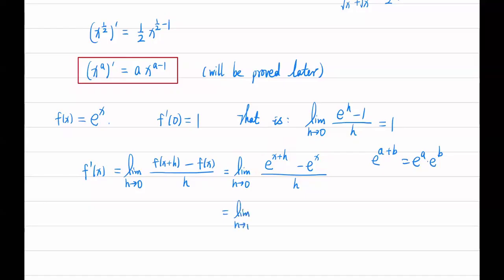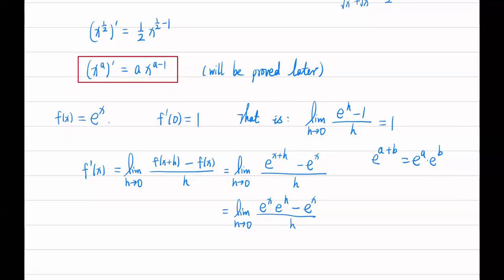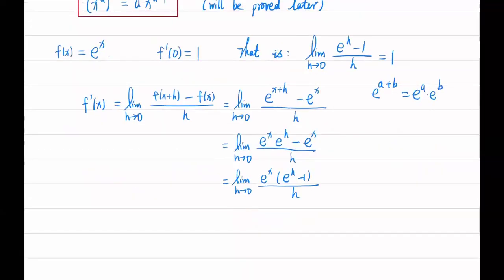the limit as h goes to 0 of e to the x times e to the h minus 1 over h. e to the x is a common factor. Now this is fixed, it's a given number.